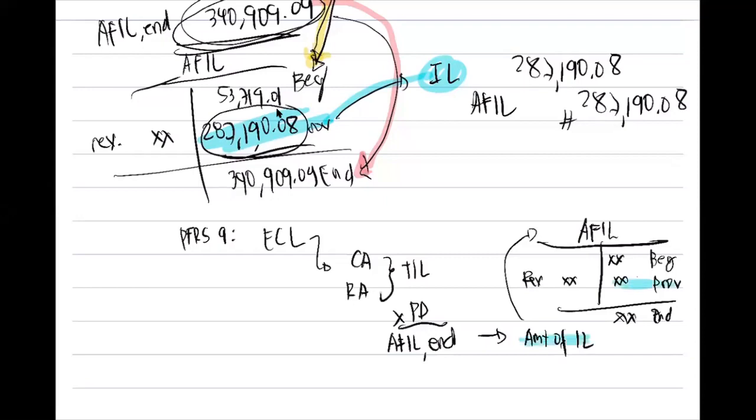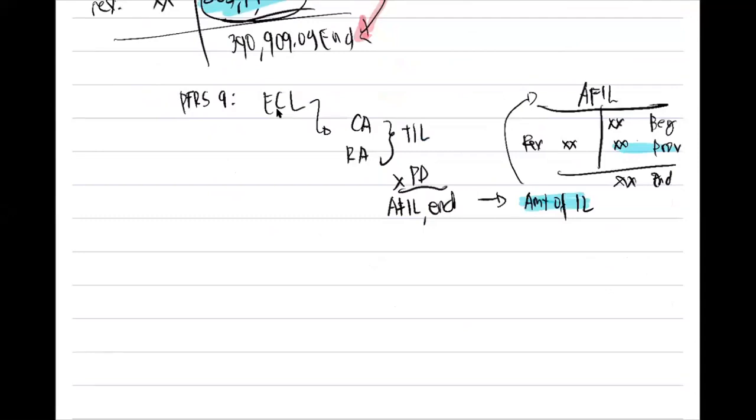The amount of AFIL is the amount of our provision. Now, how about in our reversal? It is the same in your reversal.